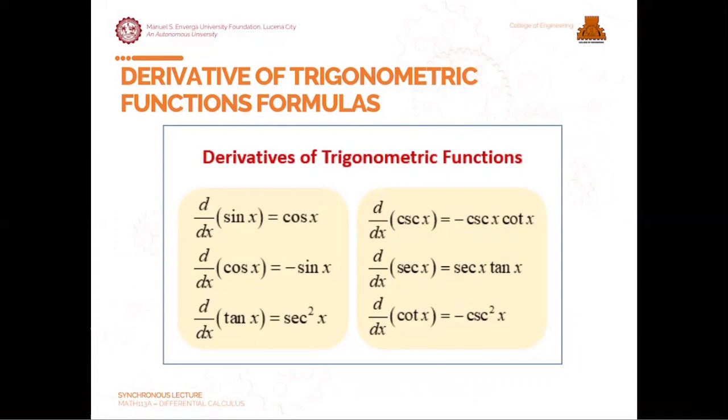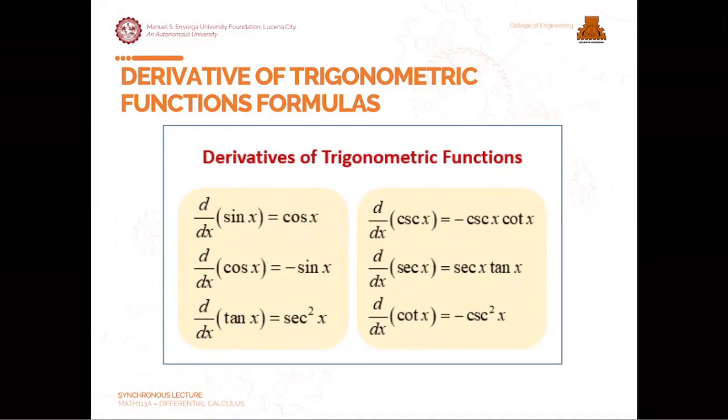So, yung pagkuha, kung gusto nyo i-check, you can check it online kung paano na-derive, kung bakit naging cosine yung value, halimbawa nung sa sine. Pero basically, ang ginawa dyan is yung three-step rule na ginagawa natin before. Okay? So, yung nag-add tayo ng delta x minus yung original function all over delta x.